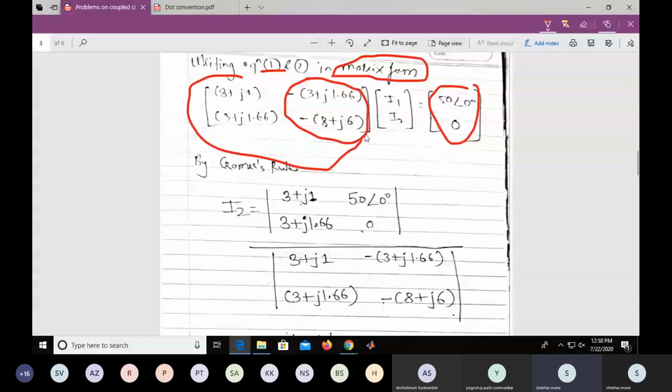This part as it is in the denominator and in the numerator, instead of this I2 part, write the constants 50 angle 0 and 0. And again you have to write this part in the denominator. Have you understood how I have written this value of I2?